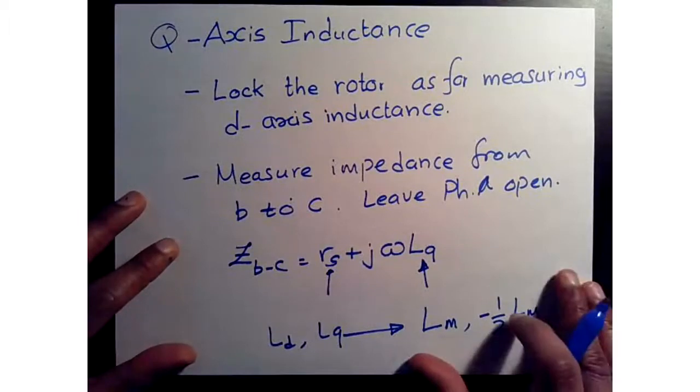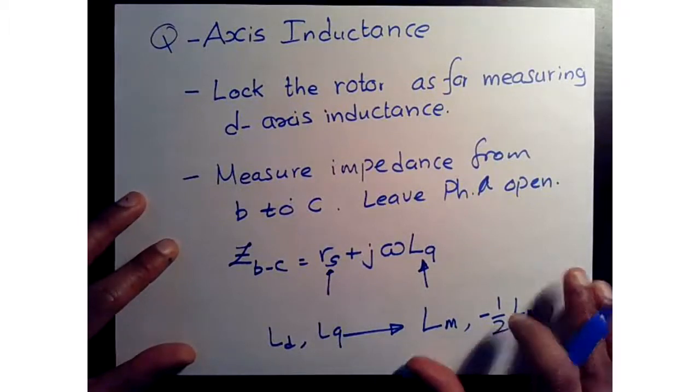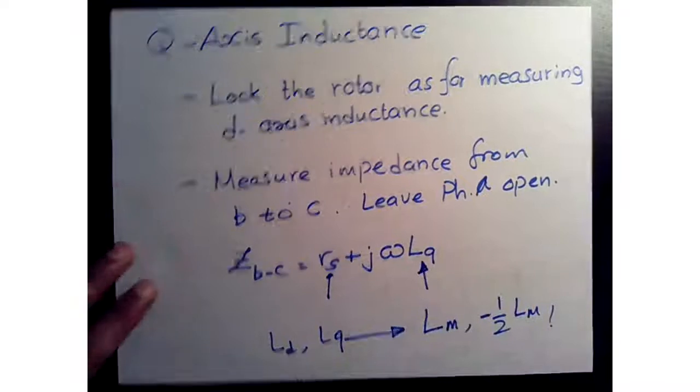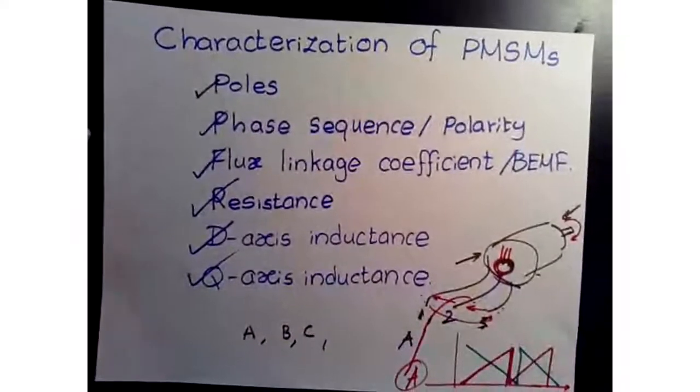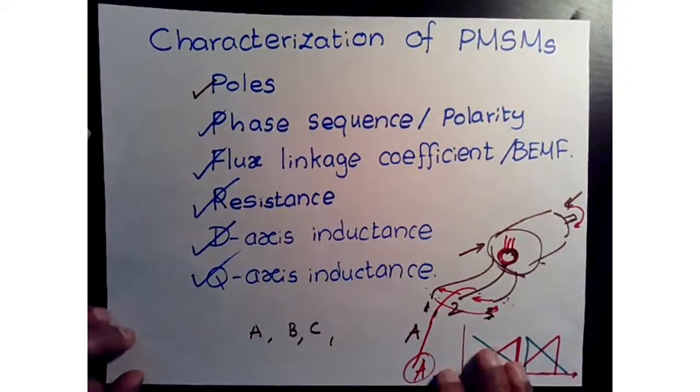We've talked about that process earlier. So we have all our parameters, right? We're good to go now. So now you can go and design a controller, evaluate your motor performance, all that kind of thing.